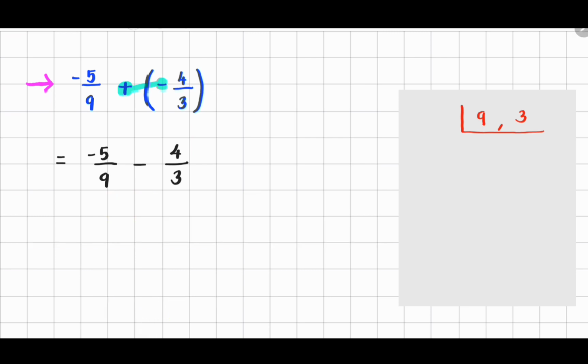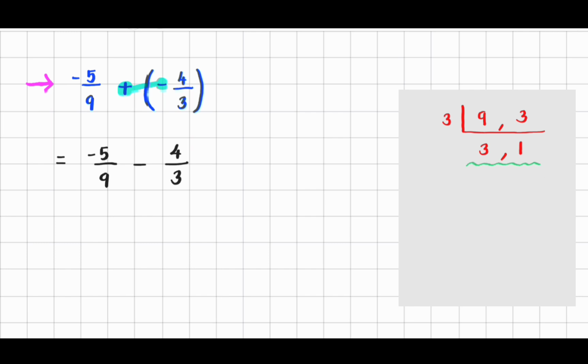Now back to our example. Here we are going to think about prime numbers, any prime numbers that can go into both 9 and 3. The only prime number we can divide them by is 3. So we have 3 into 9 is 3 and we have 3 into 3 is 1. Right now, we have 3 and 1. As soon as you get a prime number or 1 in the division ladder, just close it.